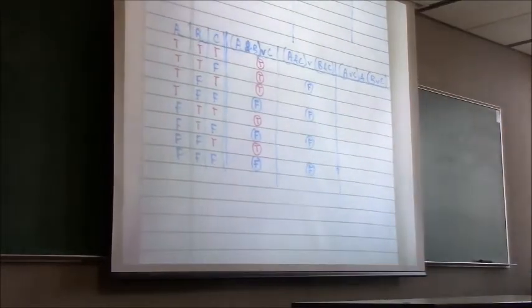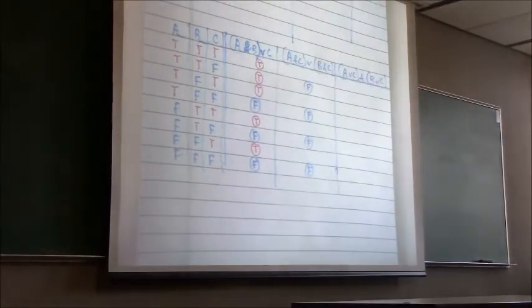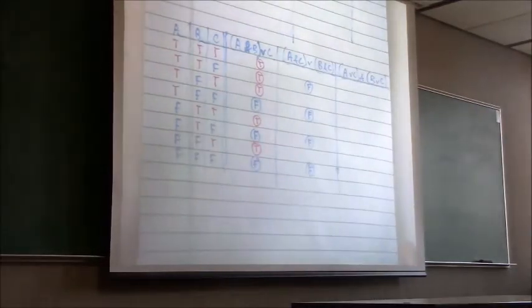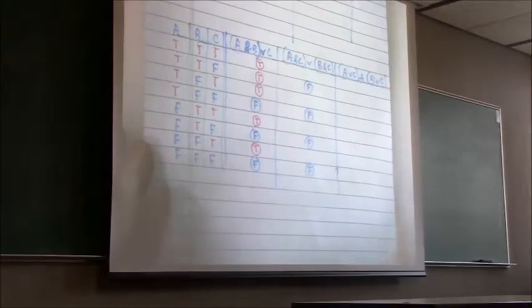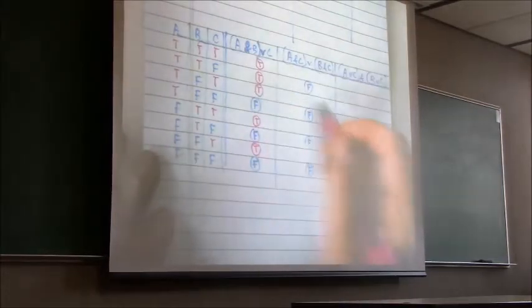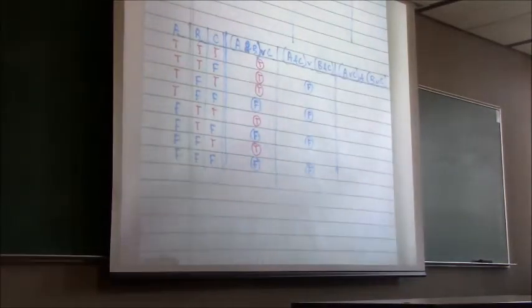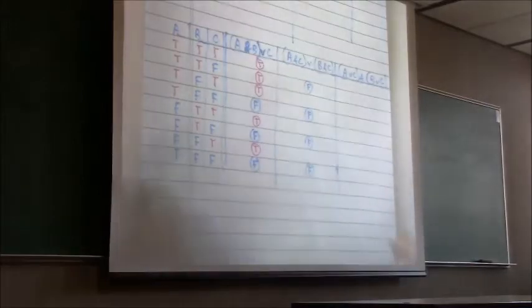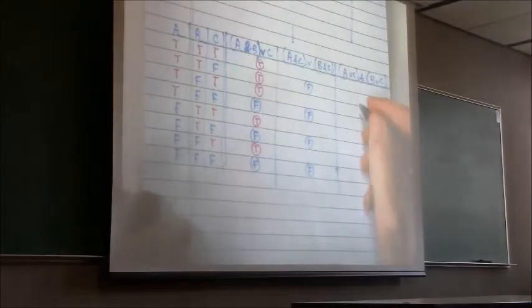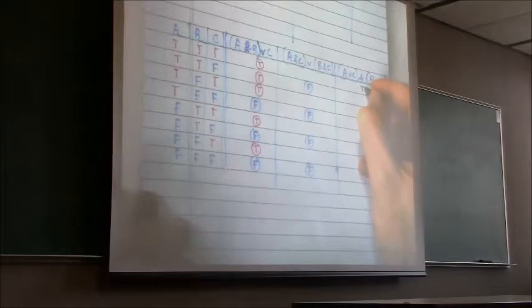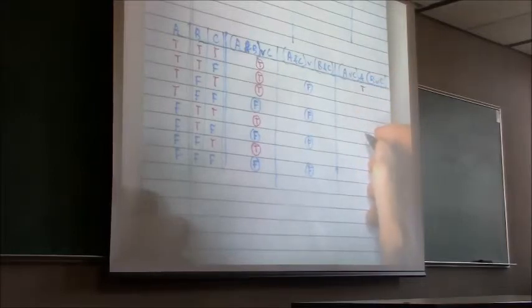So being lazy, unless it says you have to fill out the entire truth table, which I probably would say, but as I didn't say it this time, I can move on to this one because I know that these two are not equivalent. I think the instructions said that one of them was equal to the first one. Couldn't you just say that it was equal?